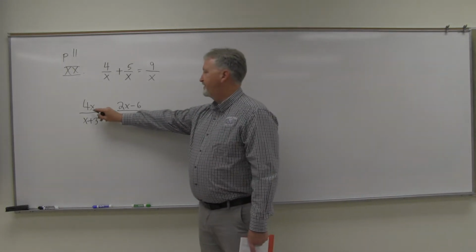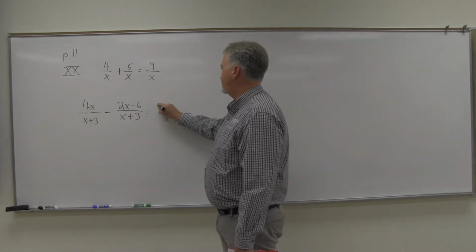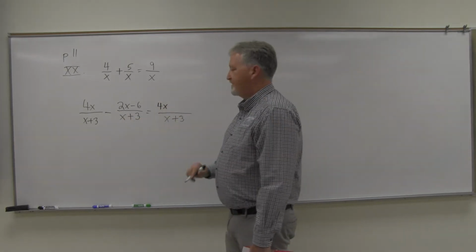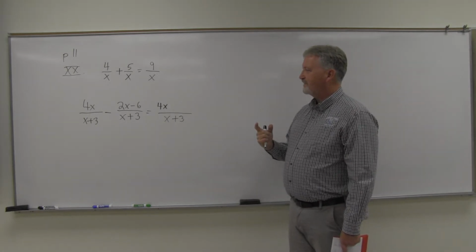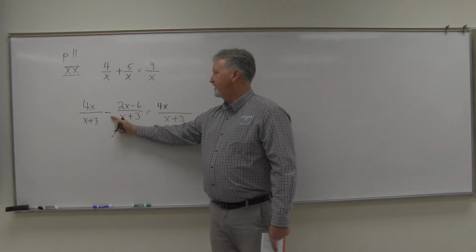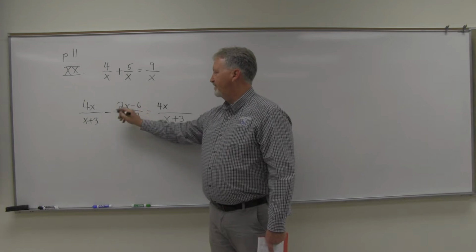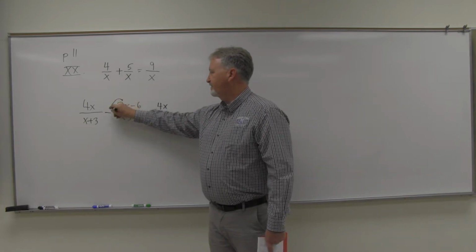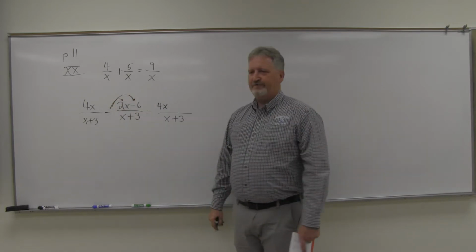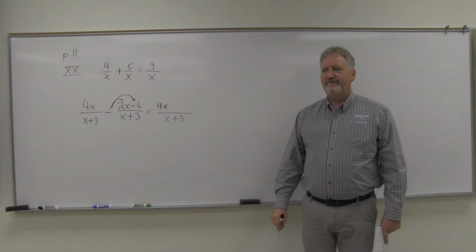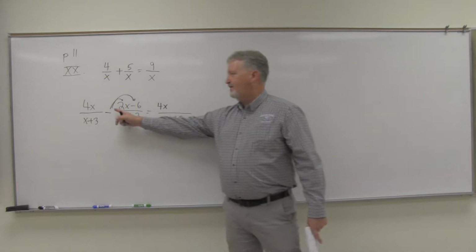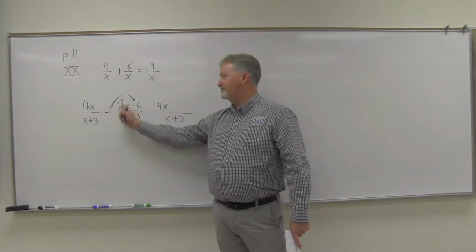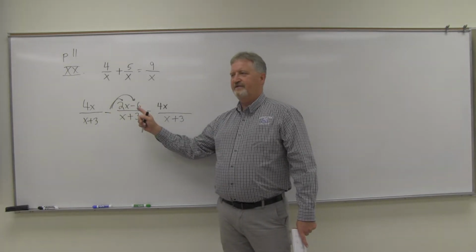Now, I've got 4x, but there's another slight little catch here. When I subtract, and I've got a binomial on the top, that does affect both of those terms. Meaning, I've got that negative, that's like a -1 out there, and so that gets multiplied by both of those on the top.